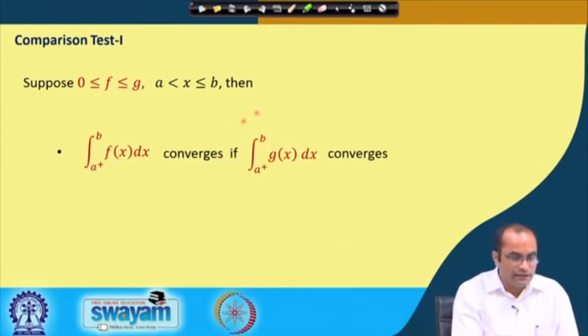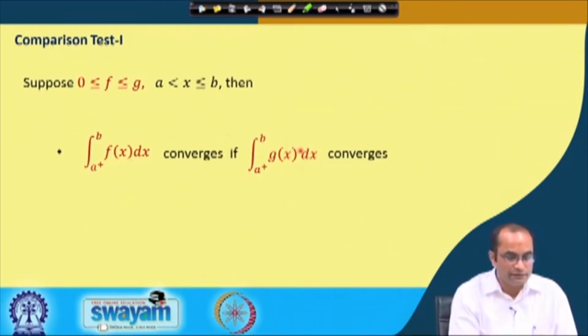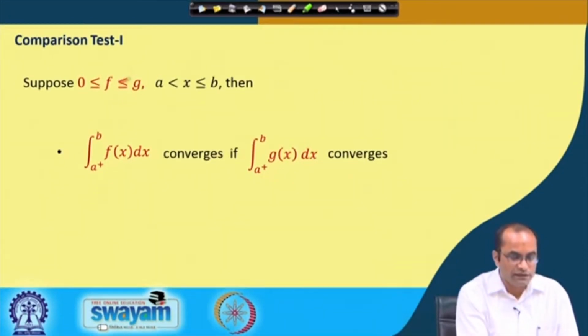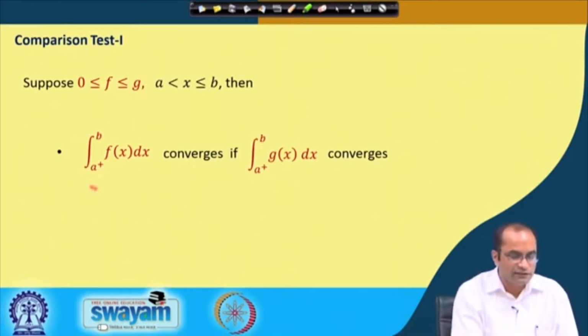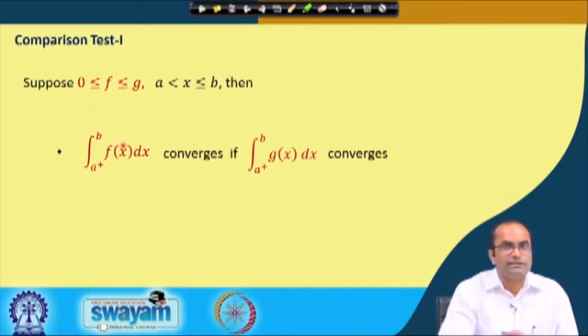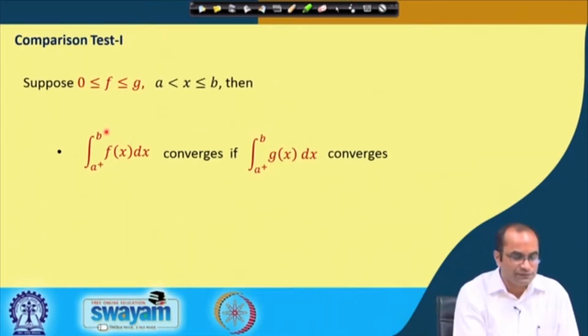In that case, if the integral from a to b of g(x) dx converges, then naturally the integral whose integrand takes lower values than g will also converge.